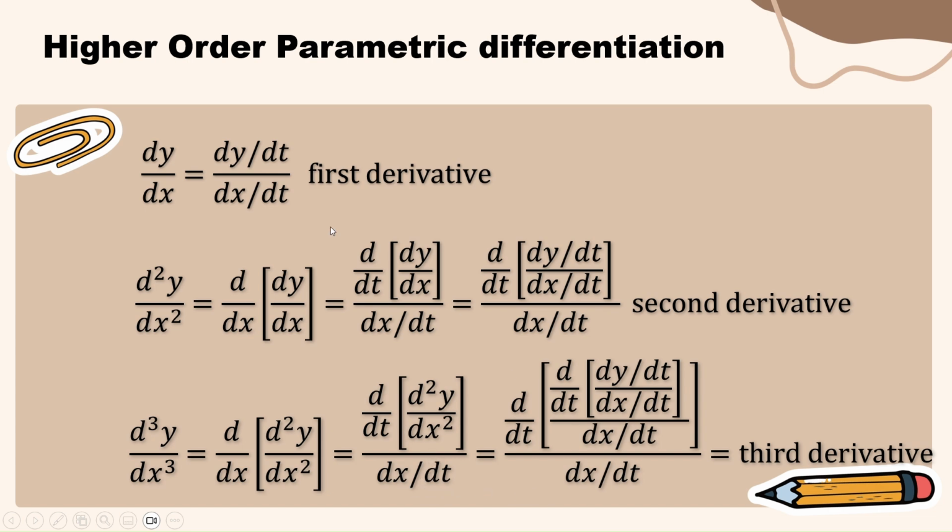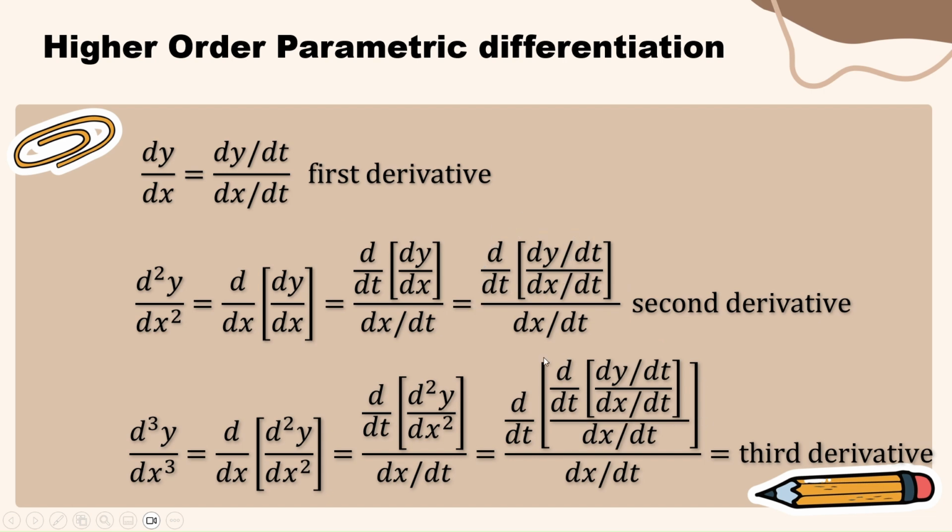So, dx over dt is as is lang siya as the denominator. Pero, as we succeed in our higher order derivative, kailangan natin i-differentiate yung result nung naunang differentiation process. So, for the second derivative, ulitin lang natin, yung numerator is the derivative of the first derivative with respect to t.